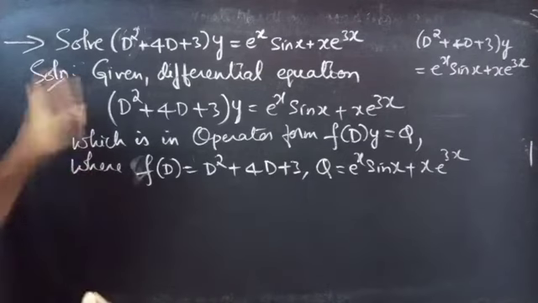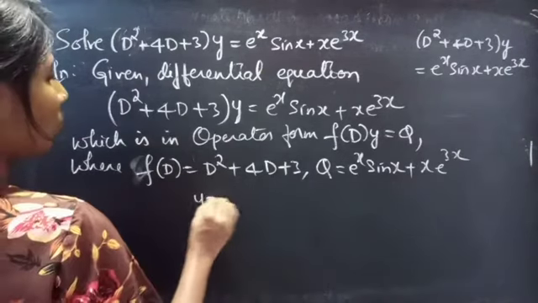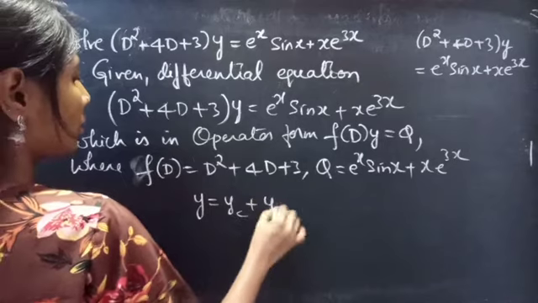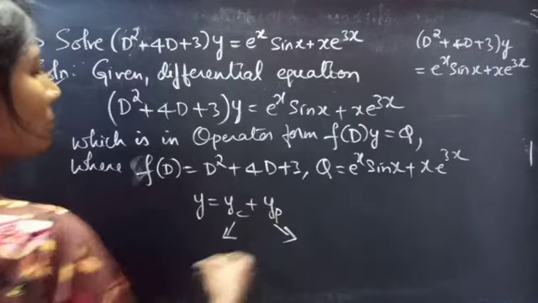Now we need to find the general solution to the given equation, which is given by y = yc + yp. Here yc is the complementary function, and yp is the particular integral.